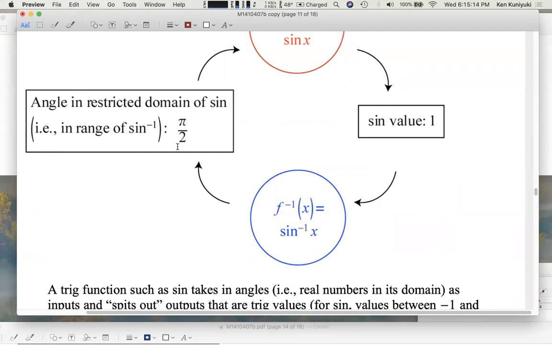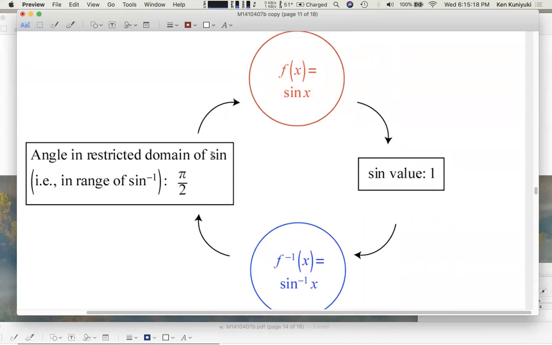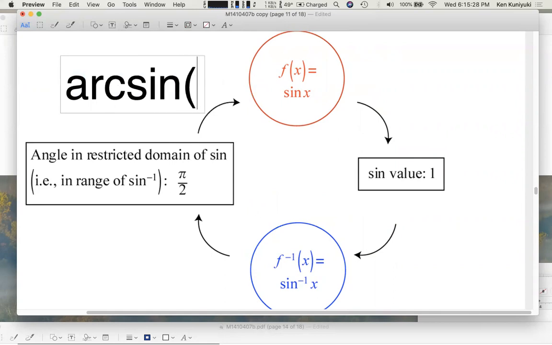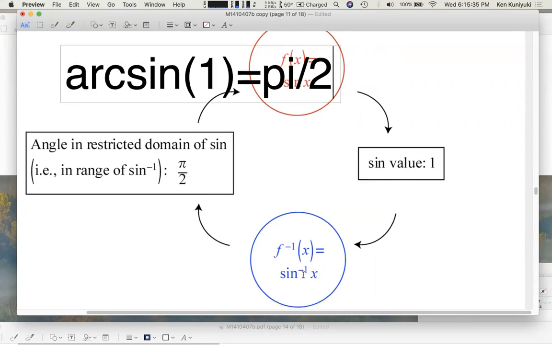We've certainly beaten that into the ground. And then, if you take the sine of pi over 2, the result is 1. So we're basically saying that the arcsine or inverse sine of 1 is pi over 2. That's what this says over here. If you input 1 into inverse sine, the output is pi over 2.